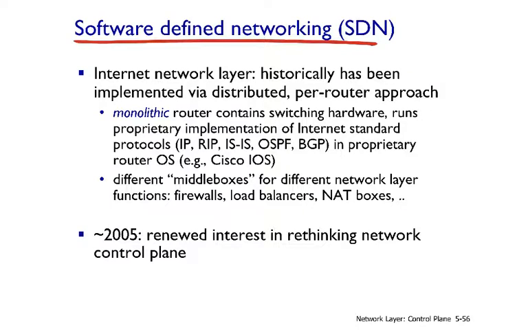In traditional IP routing, the router is a kind of monolithic device which contains switching hardware with proprietary implementations related to the operating systems. They can run different routing protocols, or IP protocol, or intra- and inter-domain protocols, but in proprietary router operating systems like, for example, the Cisco ones.